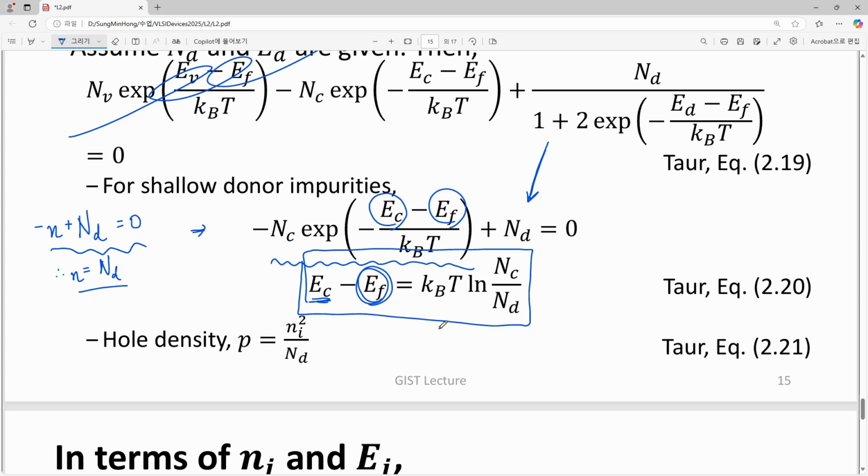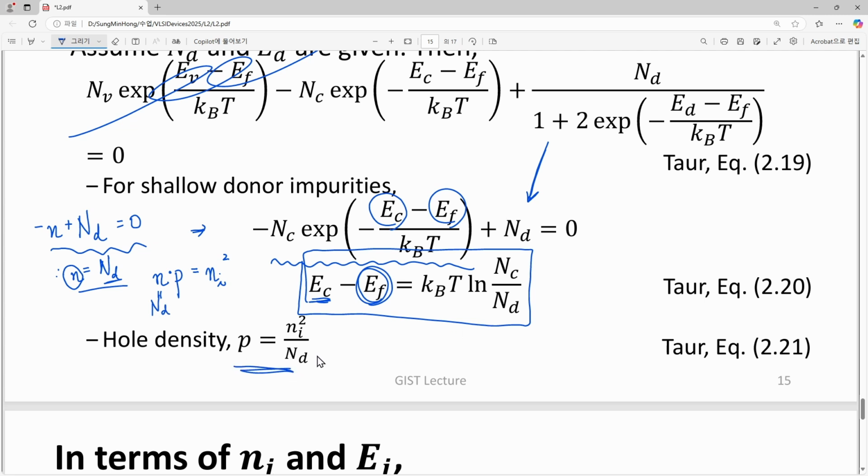Also, when the electron density is given as ND, since we have the simple law that the np product is equal to the square of the intrinsic carrier density, and n is approximated as ND, the hole density will follow from this number.